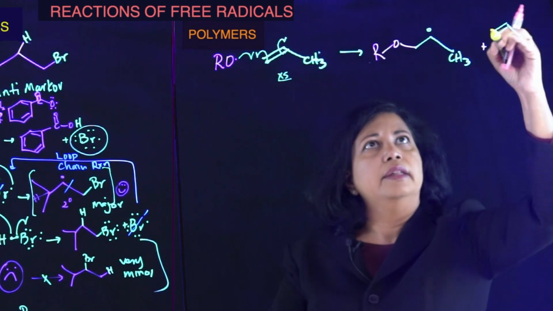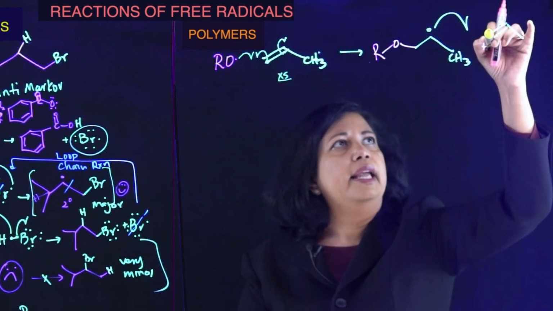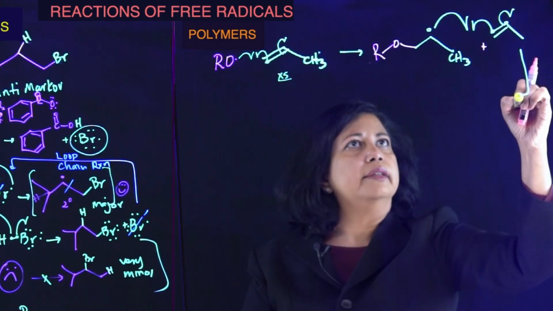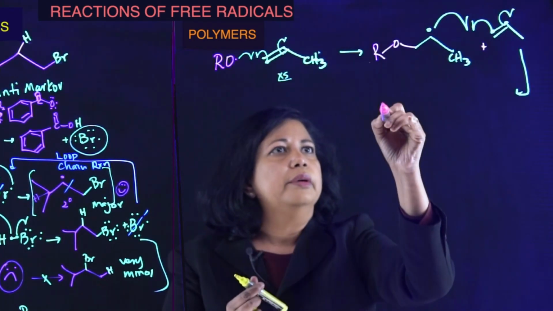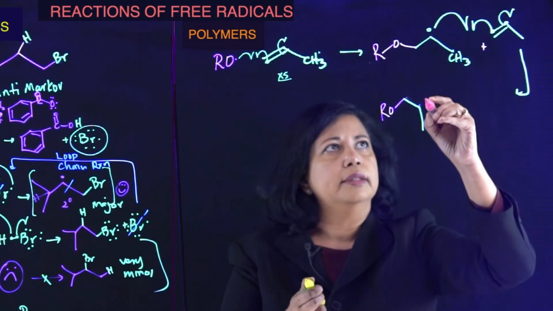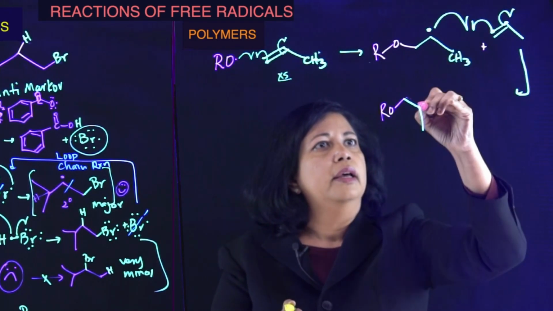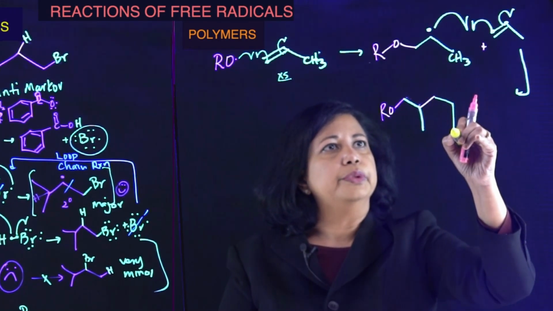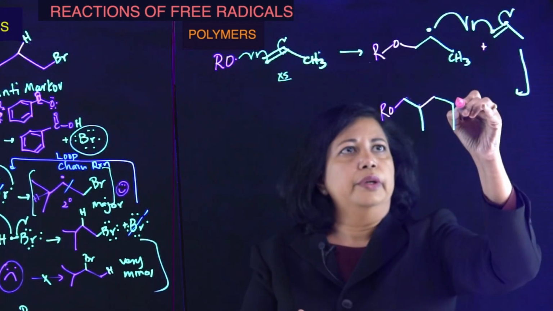And so this is going to go over here, and every time it's going to make the most stable secondary radical. So you will have RO go over here and make a new bond. I'm going to put that new bond in a different color, and that's going to give you 1, 2, 3 carbons. Then you're going to have a radical.